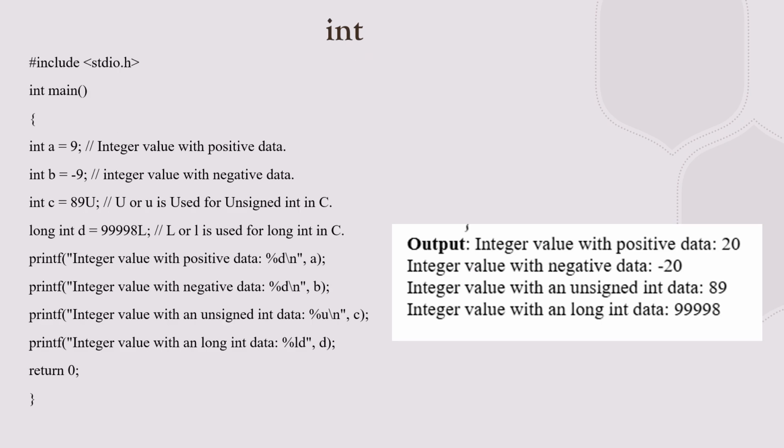So similarly, for the next data type, a simple program is given. Here you can see the input values are given as positive, negative, unsigned, long integer values, and the output is displayed for all these integer data types.